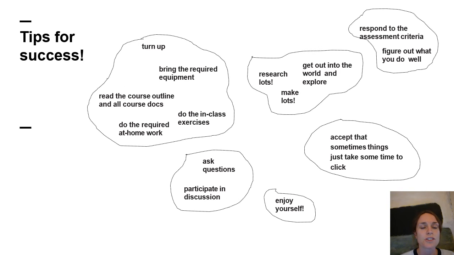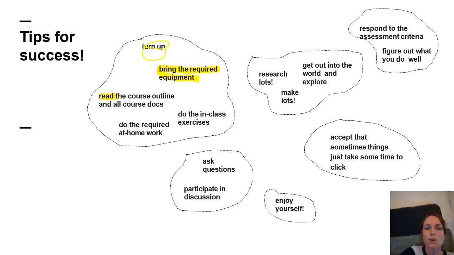So, students always ask, what do I need to do to be successful in this class? There are lots of things for that, and I'm sure you will have gathered some of those from semester 1. The basics are, you need to come to class. You need to bring the equipment that you're asked to bring on Moodle.